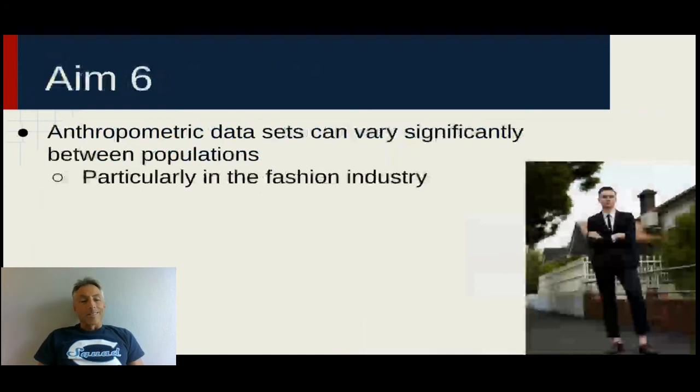Aim 6, this is kind of like our standard. Anthropometric data sets can vary significantly between populations, particularly in the fashion industry. And this is because fashion isn't totally focused on function. If you've ever heard of form and function, when you start talking about fashion, we're not just worried about how well it works.